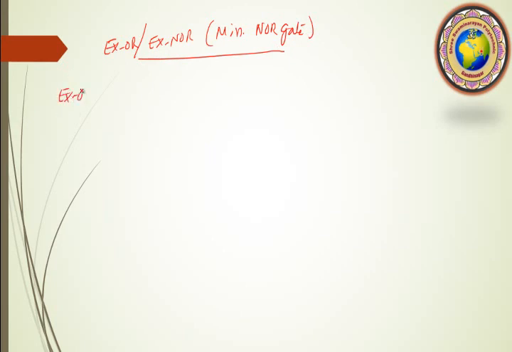How can we draw XOR or XNOR with the minimum number of NOR gates? Okay, so what happened? I just draw XOR first by using the minimum gates.